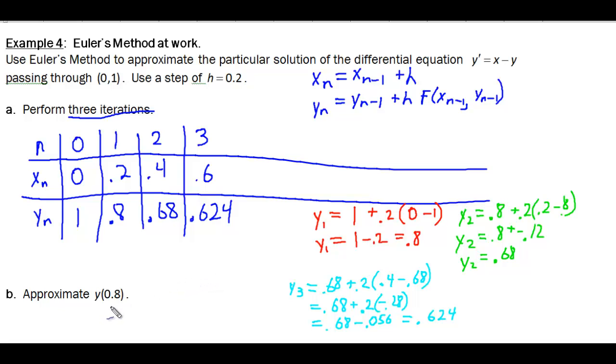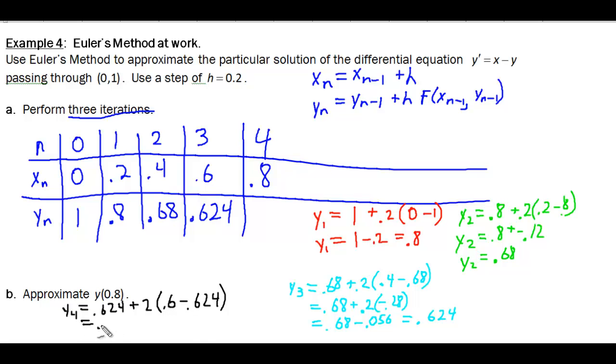And then the next one says, get the value for 0.8, which means we really need to go to a 4th iteration. x is 0.8, so to get y of 0.8, we're going to do one step further, and we're going to say that y4 is 0.624 plus 0.2 times 0.6 minus 0.624.